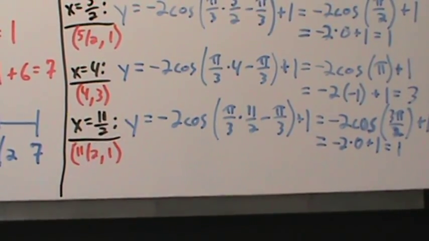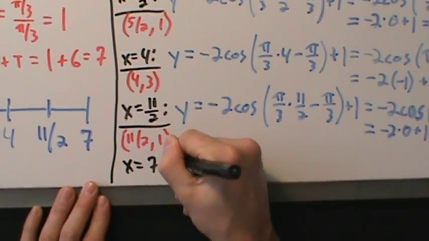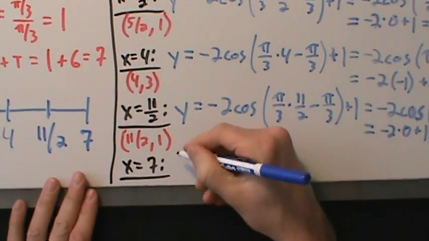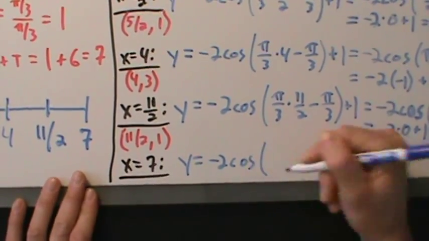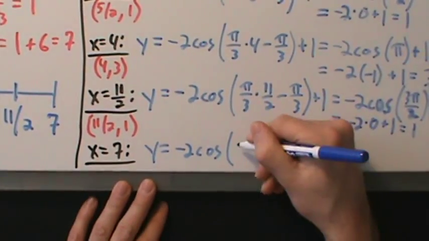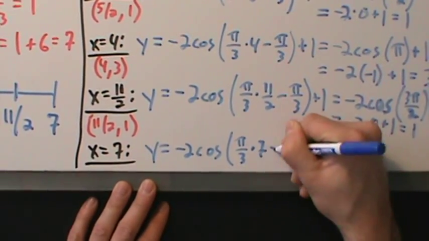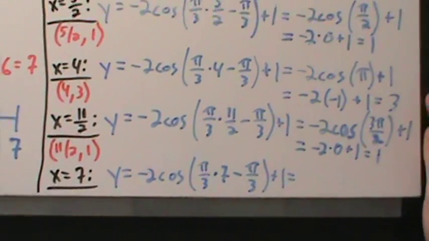Okay. And then last, x equals 7. Let's go ahead and figure this one out. So when x is 7, what's going on? We have y equals negative 2 times the cosine of pi over 3 times 7 minus pi over 3, and then plus 1.